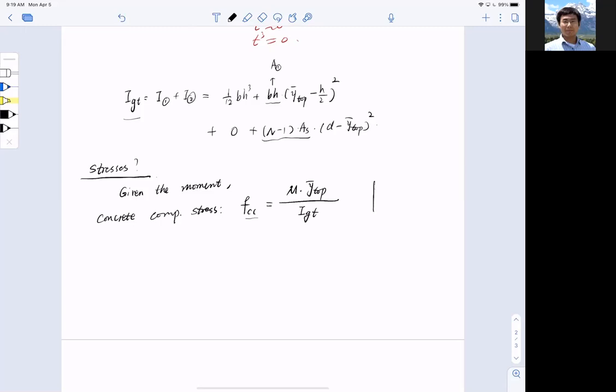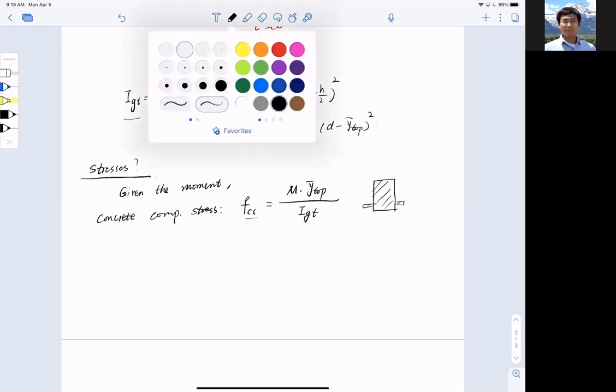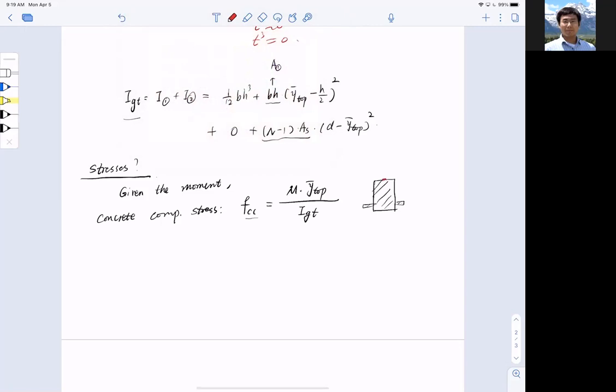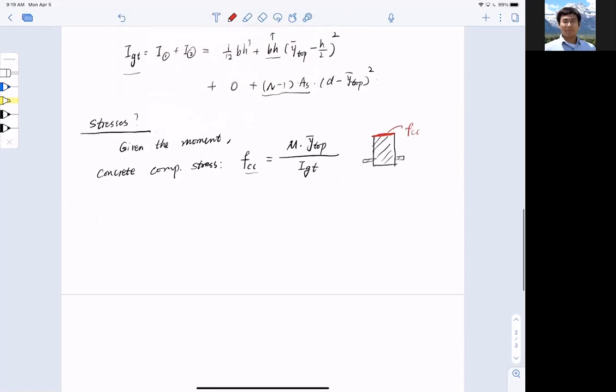And you may wonder, where is it at? On this transformed section, I'm just going to use this to show you. FCC is compressive, so right here, this line right here, compressive stress. Okay, that is for compression.